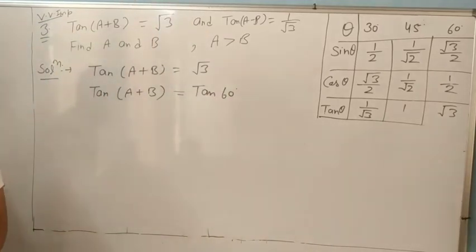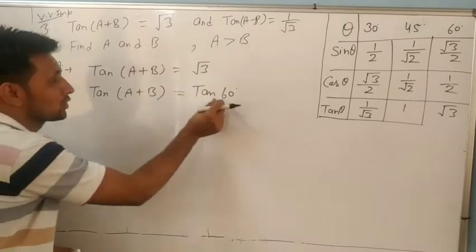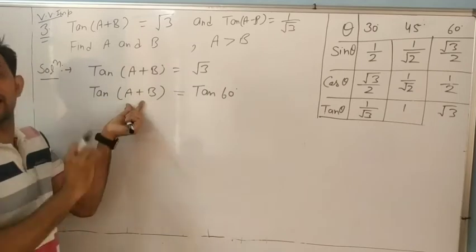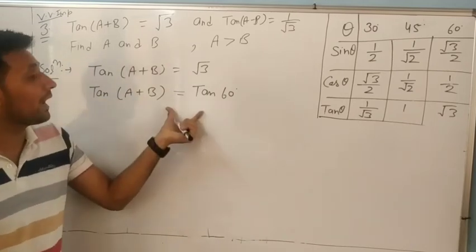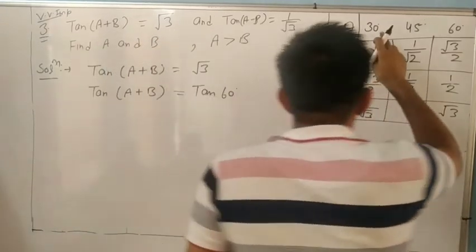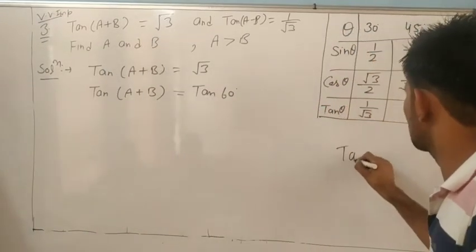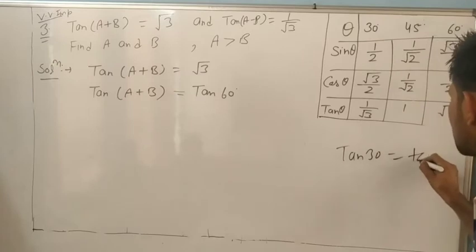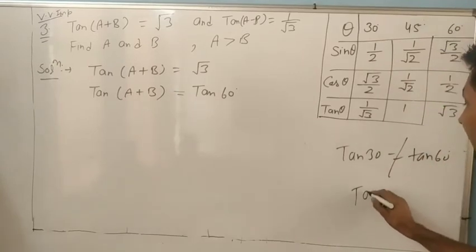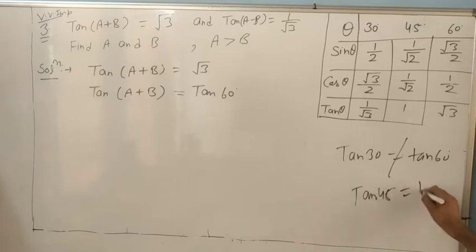And tell me dear, it is also tan, it is also tan, and it is an angle, it is an angle. In tan, if two angles have the same value, it means their angles are also equal or not? Because do you know, for tan, any angle, is tan 30 equal to tan 60? No. They are equal only in one case, when both angles are equal.